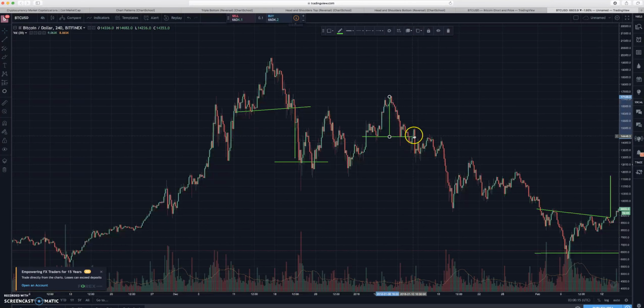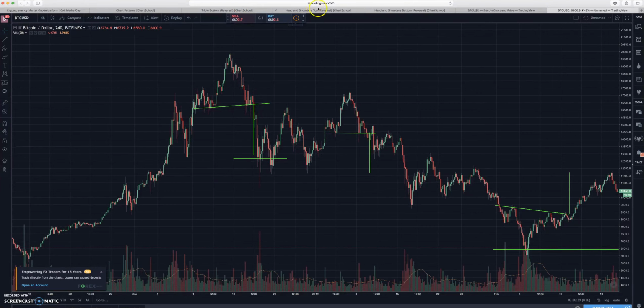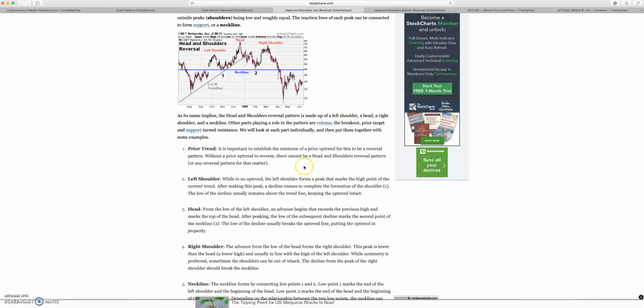We obviously had a little bit of support down here, but it ultimately broke down, and we definitely saw some significant price action falling down in here. We definitely had some sideways movement, and you could even make a case that this was another head and shoulders pattern in here, although that is a little bit more far-fetched in my opinion, because you had this massive red candle. But anyway, that's the normal head and shoulders.